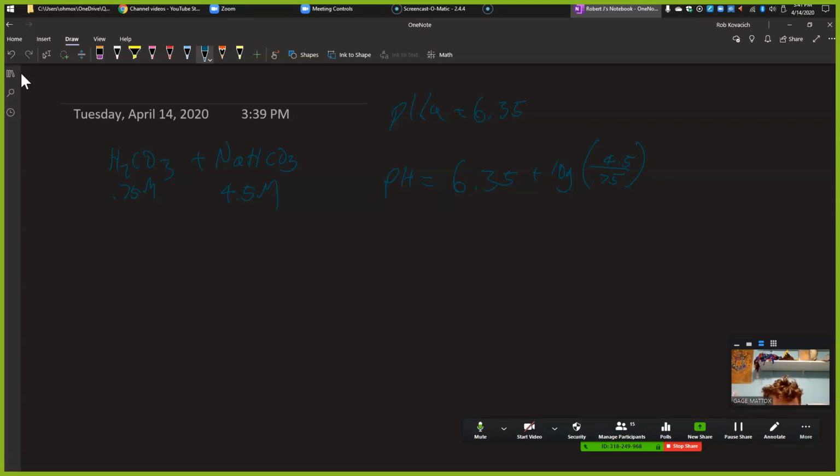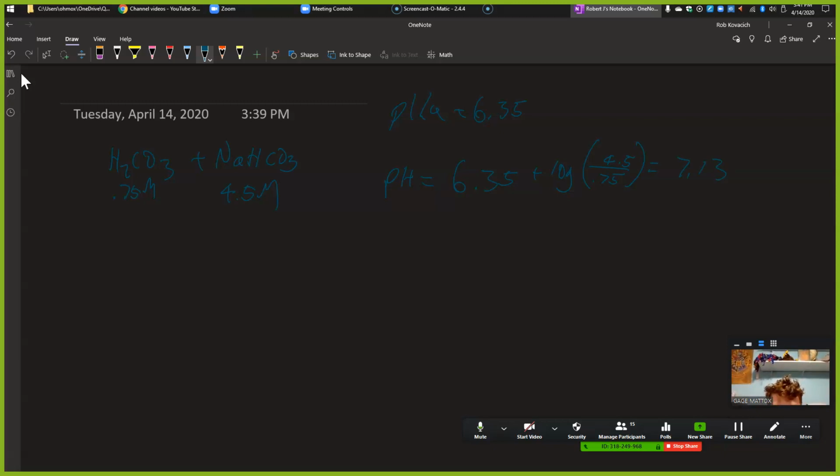Okay, so the base, which is in this case the salt, has a concentration of 4.5, so that goes in the numerator, and the carbonic acid is the acid, so that's got to be in the denominator. Log of 4.5 divided by 0.75 close parentheses equals. This thing is going to buffer at a pH of 7.13.